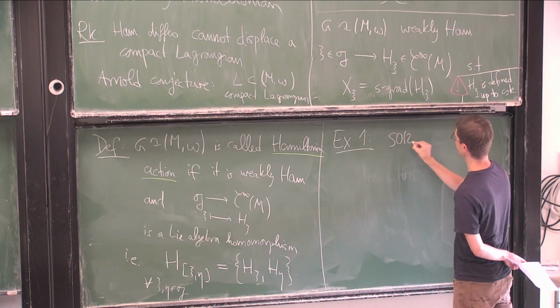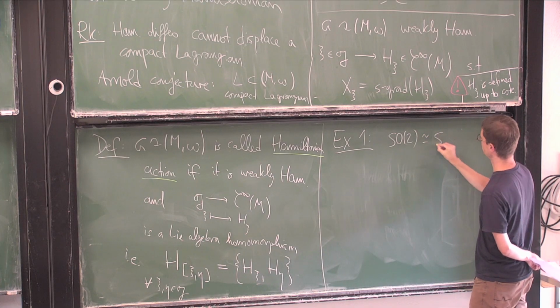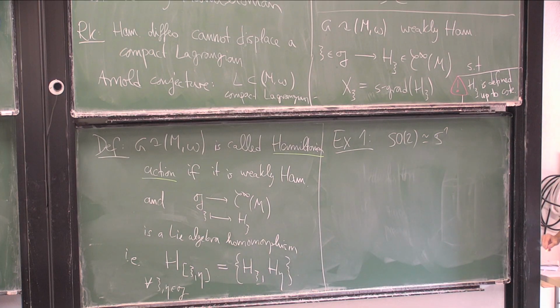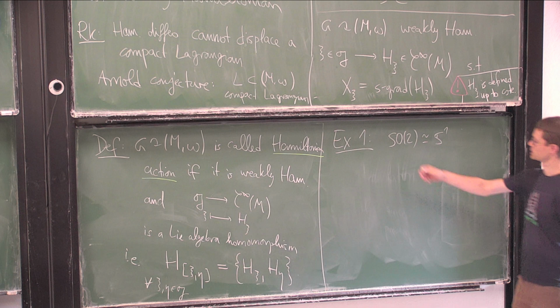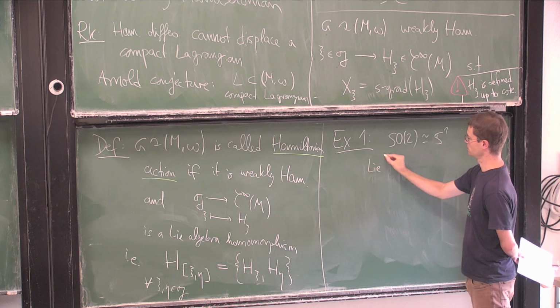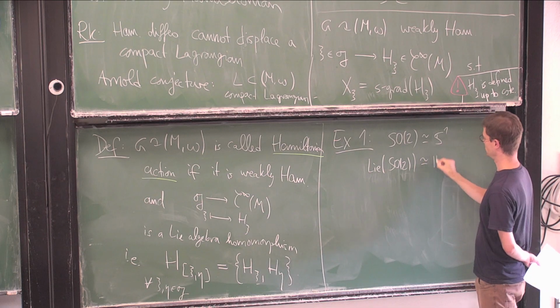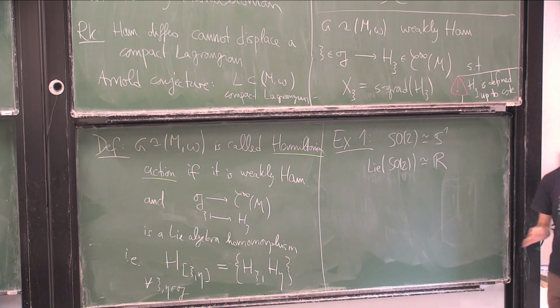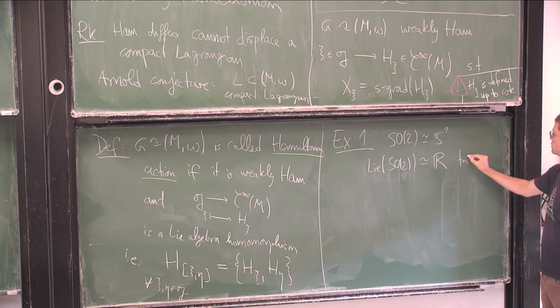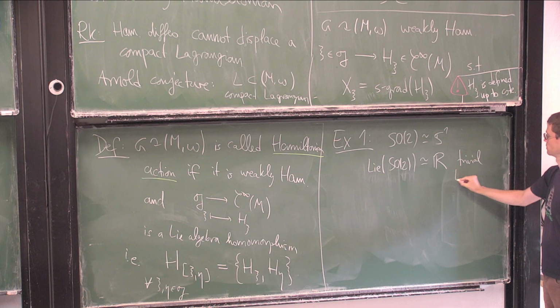So in example 1 we saw you have SO2, which is actually a circle. So what's the Lie algebra bracket in there? It's just R, so trivial Lie algebra.